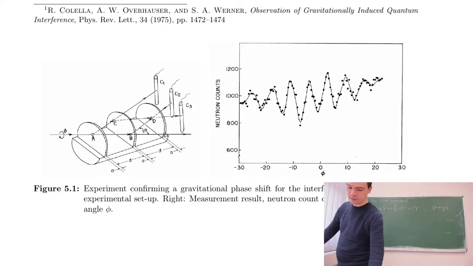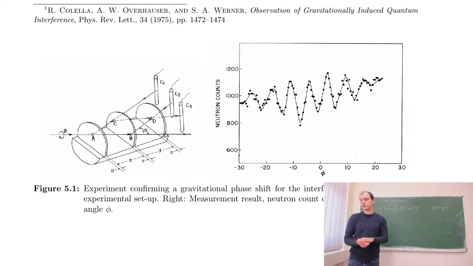And yes, so this experiment was done then in the gravitational field of the Earth, and the gravitational field is essentially turned on and off by simply rotating the whole interferometer. So if you just rotate the plane of interference, then you're exposing this path to a gravitational field along this plane ABCD, or you're turning it off by rotating it.